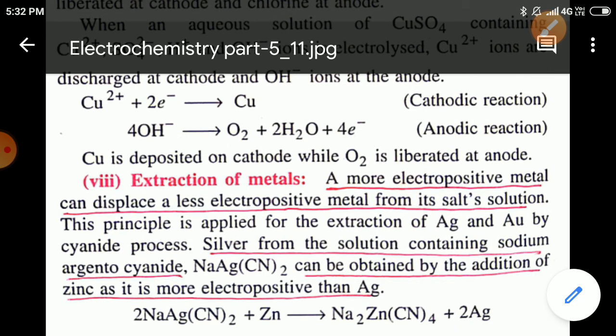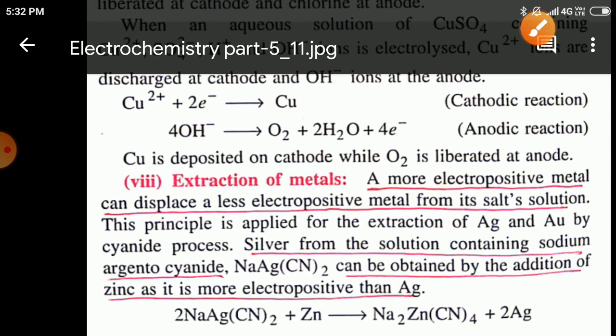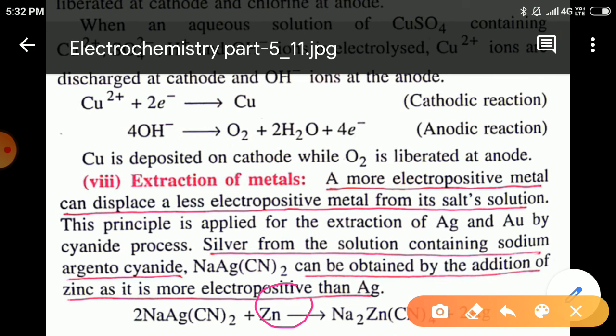Next application: the electrochemical series can also be used for the extraction of metal, means to isolate the metal from a particular compound. You already know that a more reactive metal, like in this example zinc, displaces the less reactive metal from its compound. Here the compound is sodium argentocyanide. Argento means silver, which has a less negative value of reduction potential as compared to zinc.